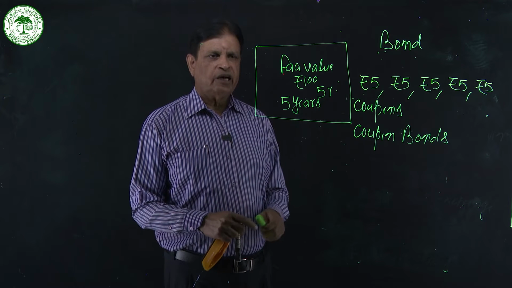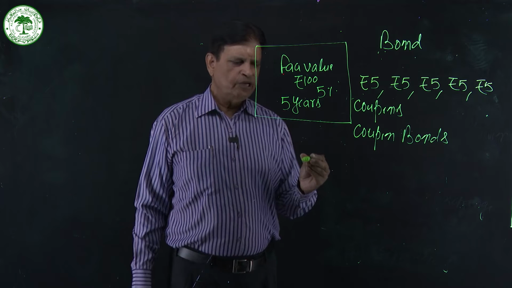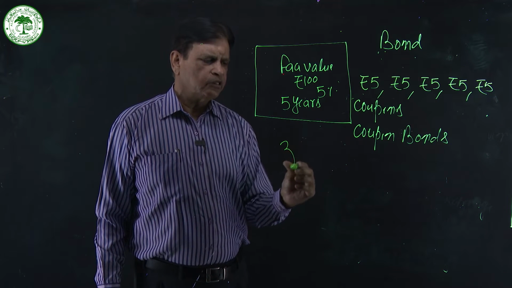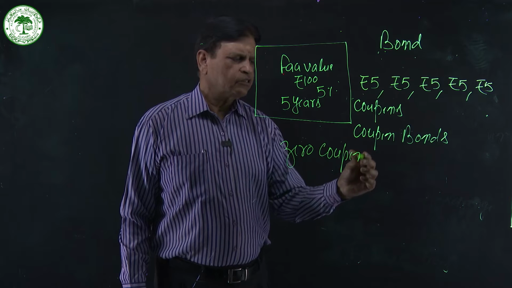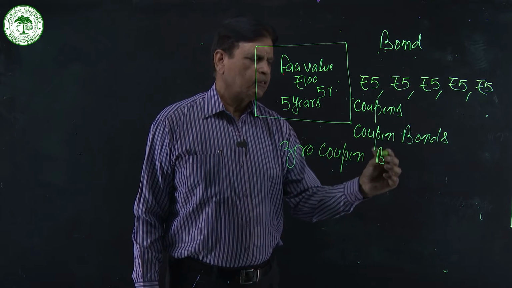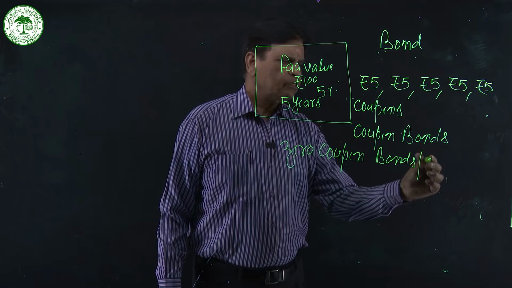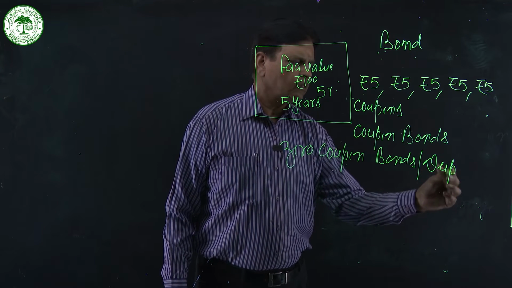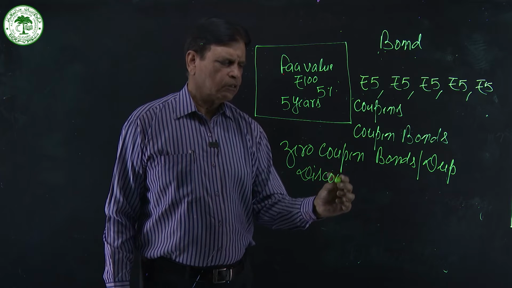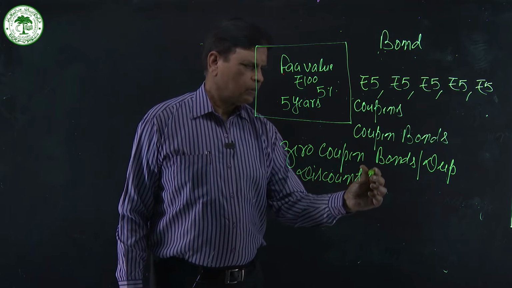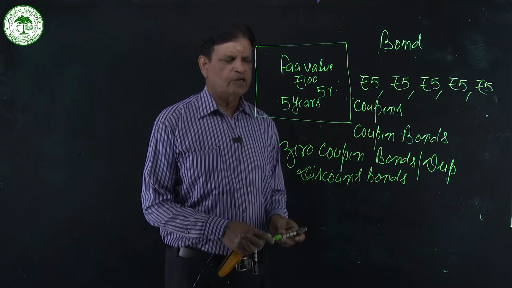But there are other types of bonds, where we have the zero coupon bond. These bonds are also called deep discount bonds.